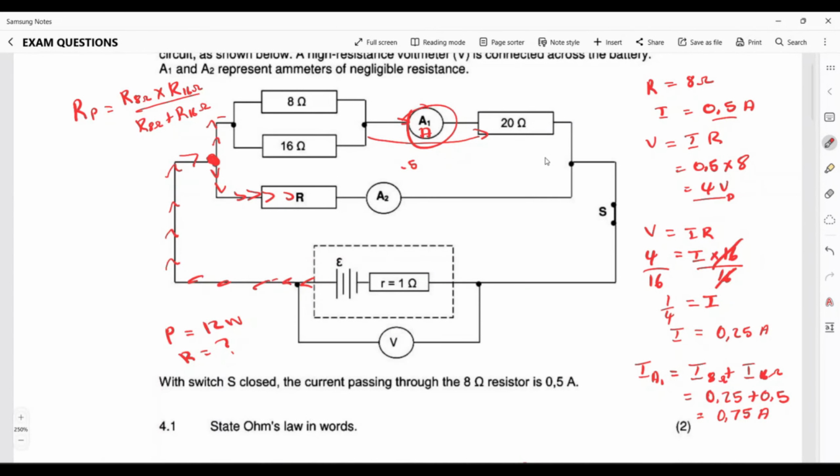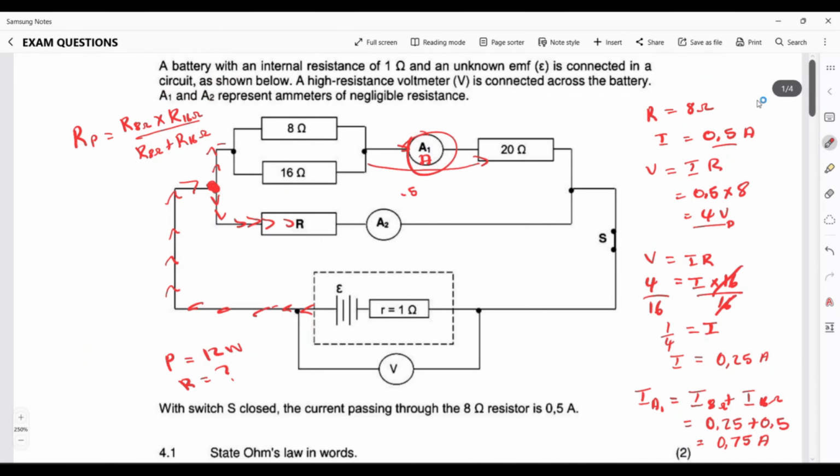Let me write what I'm saying: 8 multiplied by 16 divided by 8 plus 16. What answer do I get from the calculator? 5.33. All right, thank you.